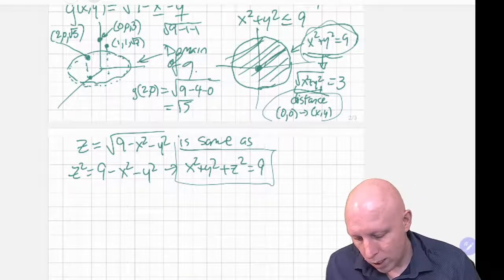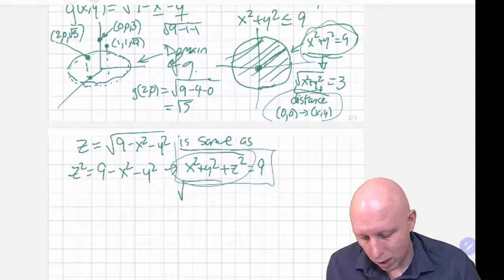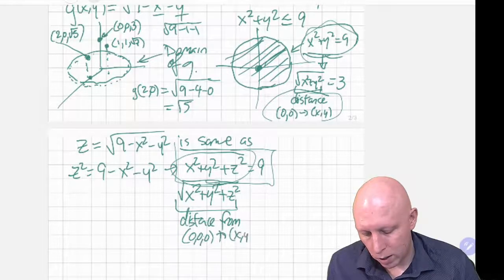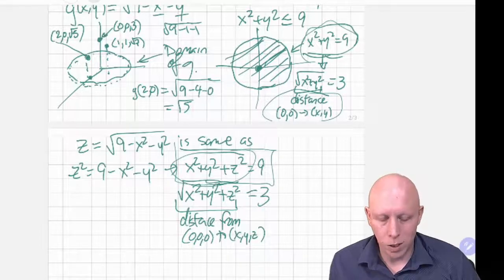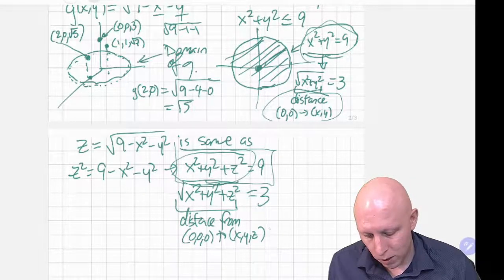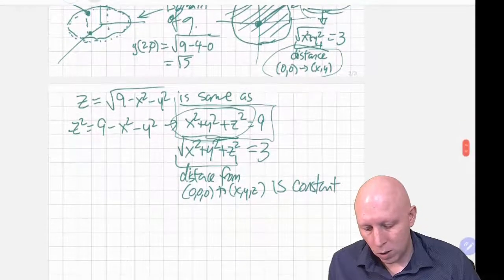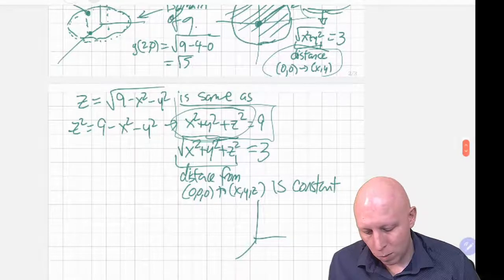So when we take this equation and take the square root of it, this is something we have seen. This is the distance from 0, 0, 0 to x, y, z. So the square root of x squared plus y squared plus z squared being a constant corresponds, in 3 dimensions, to the set of all points the same distance from the origin.